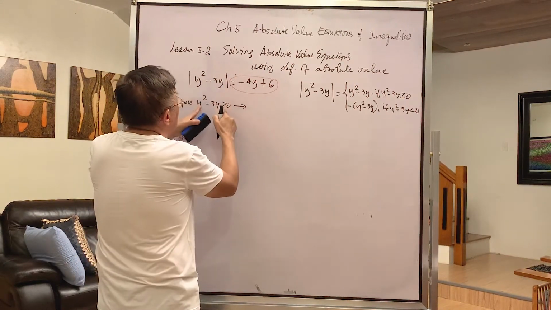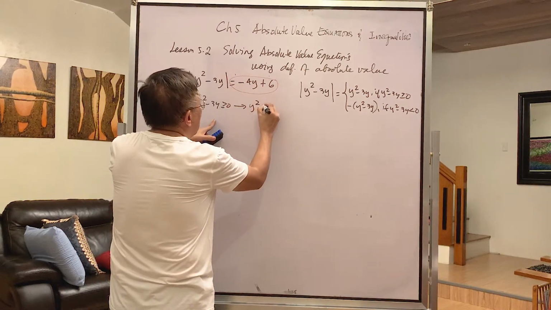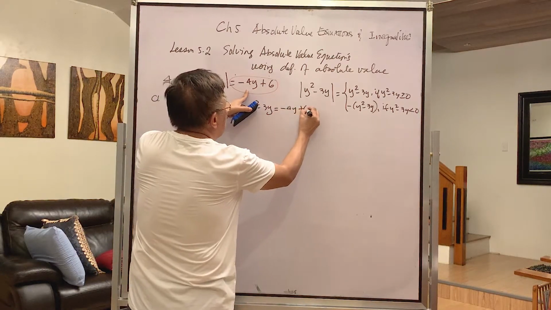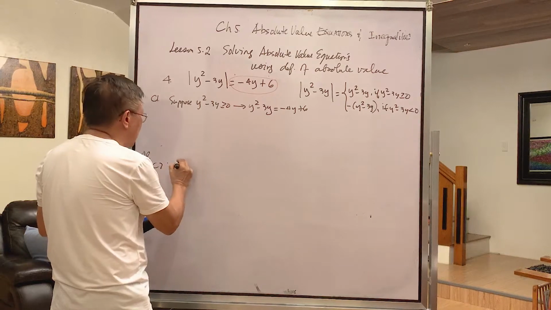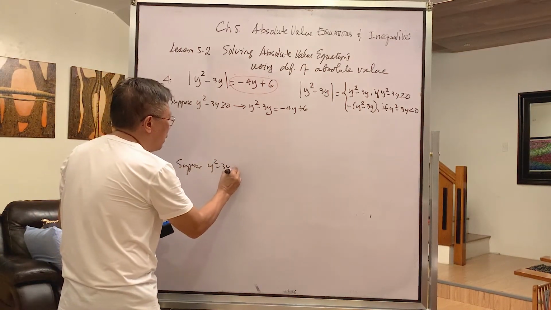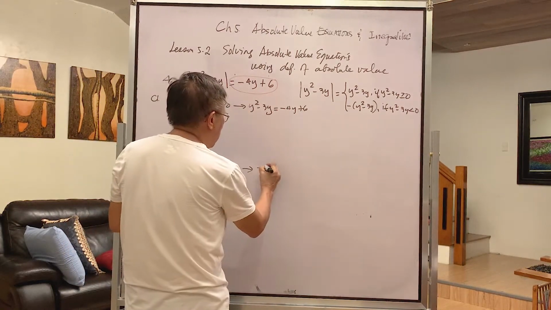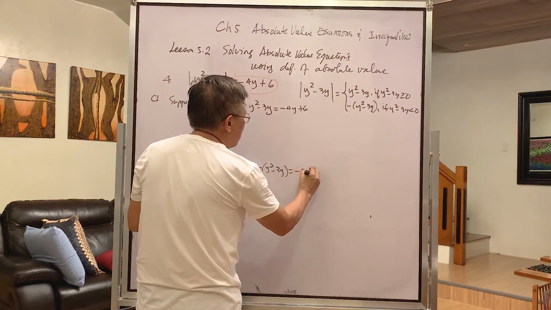If this number is greater than or equal to 0, the absolute value should be itself. No change. And then this is negative 4y plus 6. And case 2 here will be, suppose y squared minus 3y is negative. Then the absolute value is the negative of itself, equals minus 4y plus 6.